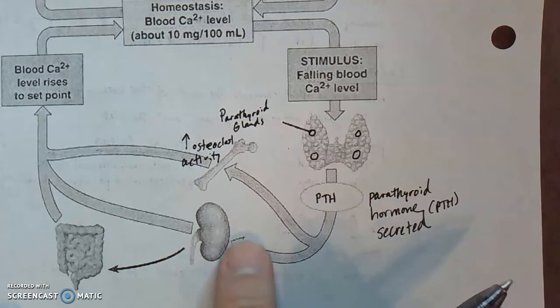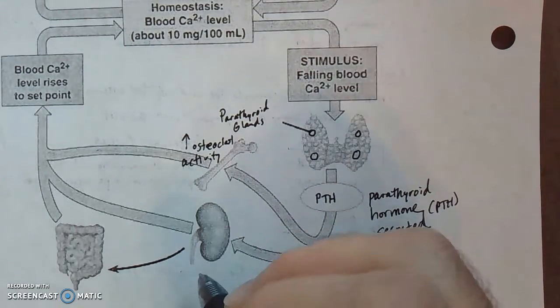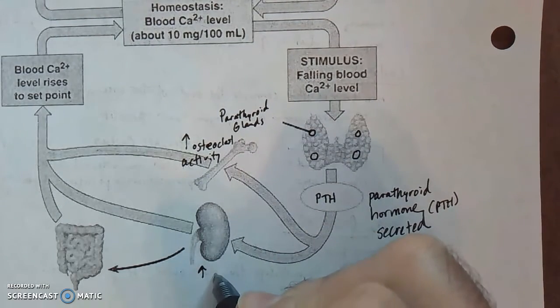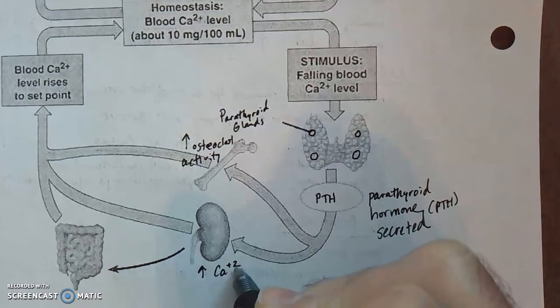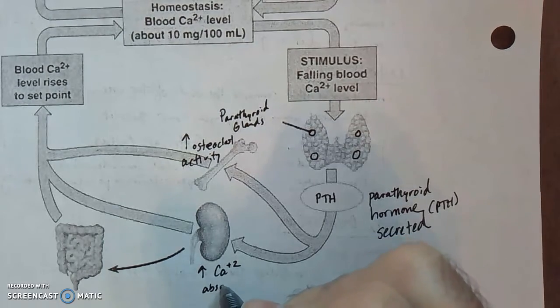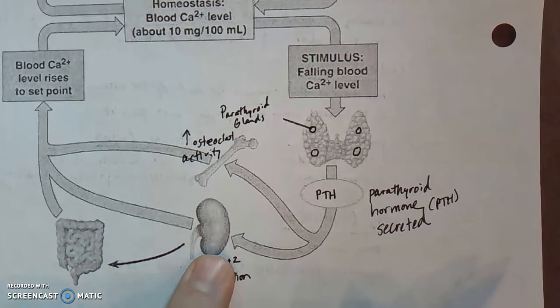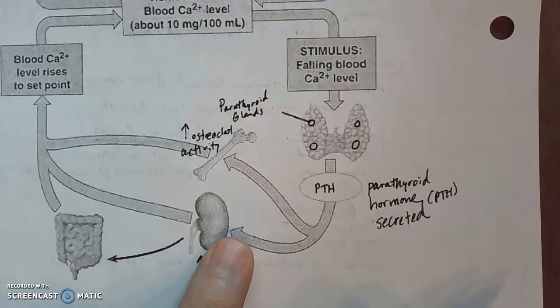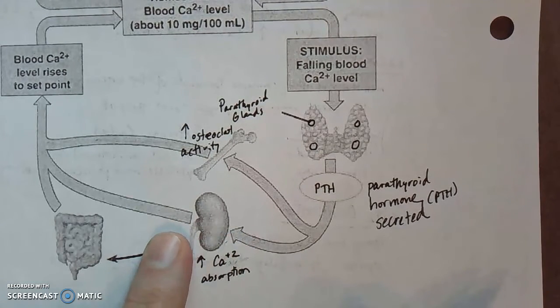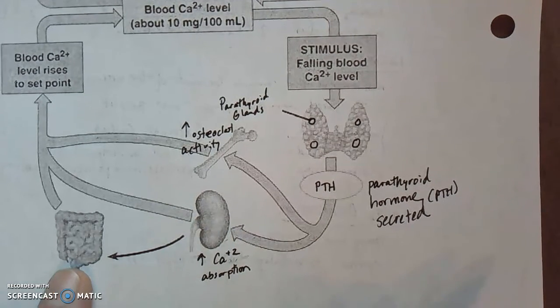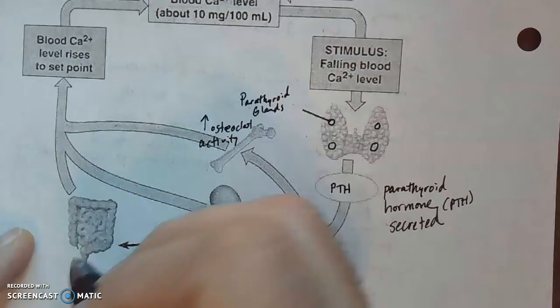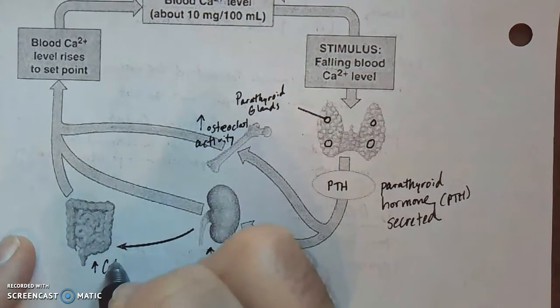The other thing that it does is it goes to your kidney. In your kidney, it increases calcium absorption, so as your blood is being filtered, it'll cause a little bit more increase. And that also stimulates your intestines to increase calcium 2+ uptake.